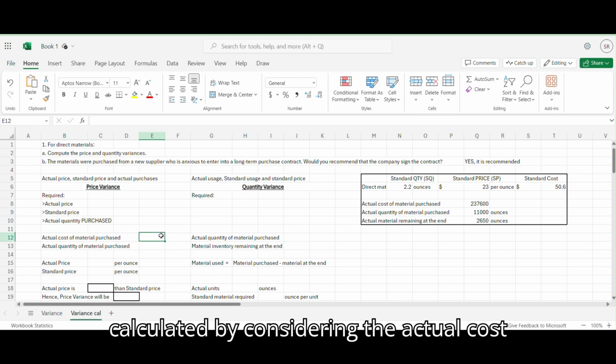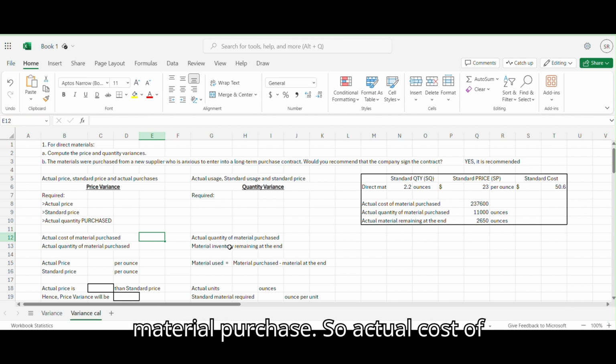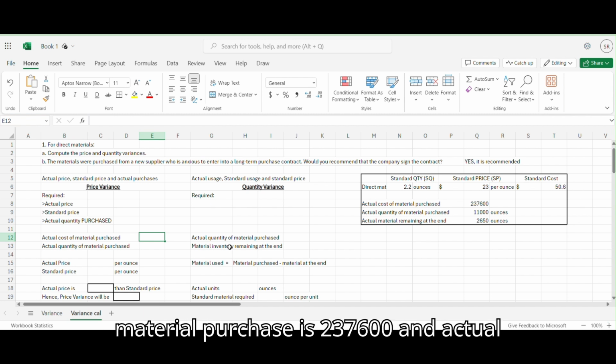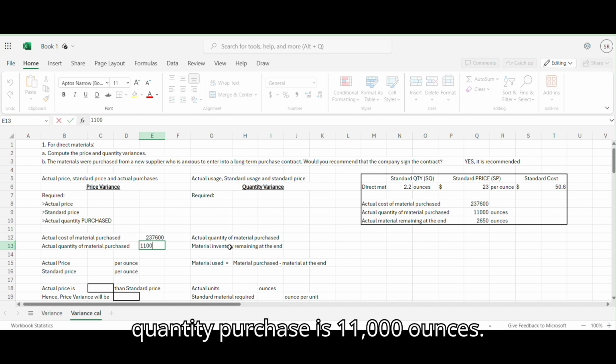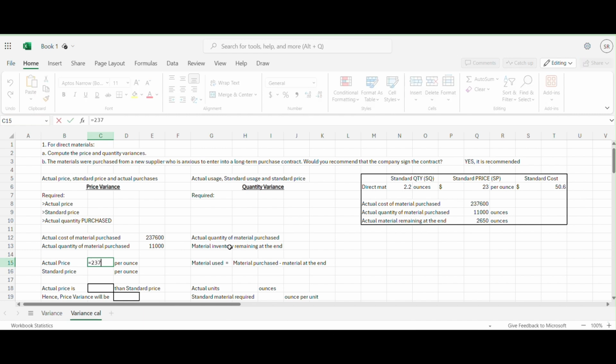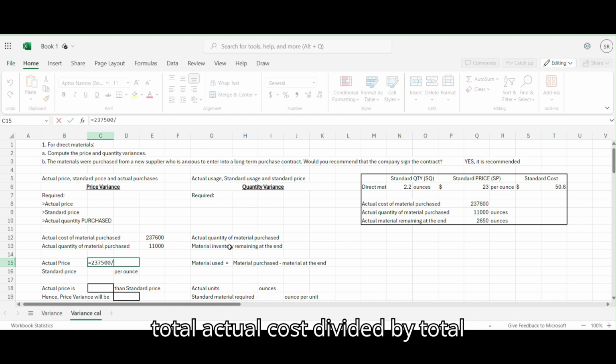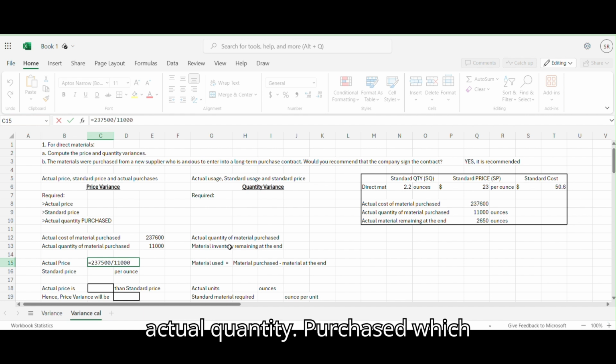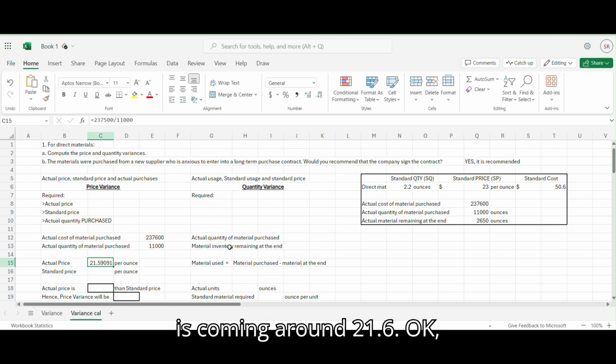Actual price will be calculated by considering the actual cost of material purchase and actual quantity of material purchase. So actual cost of material purchase is 237,600 and actual quantity purchased is 11,000 ounces. So actual price will be total actual cost divided by total actual quantity purchased, which is coming around 21.6.